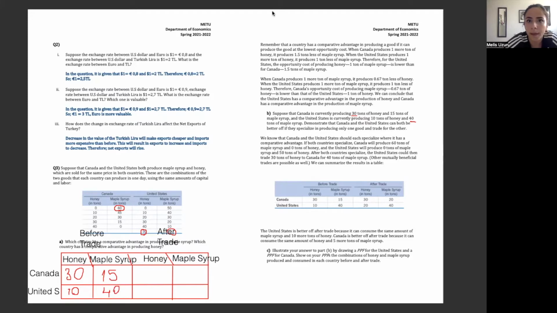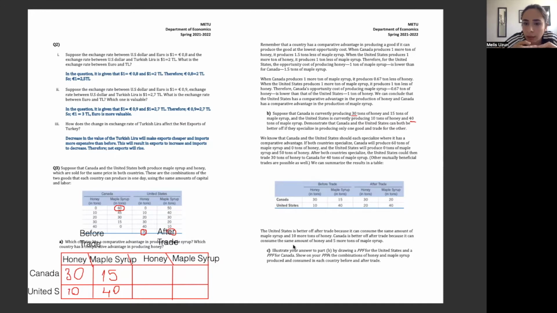So I will use another color. We just said that the United States has a comparative advantage in the production of honey. So the United States will produce only honey and Canada will produce only maple syrup.